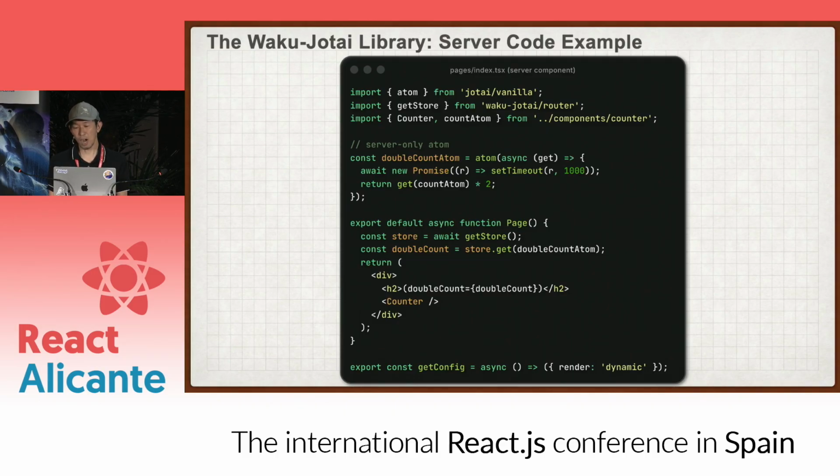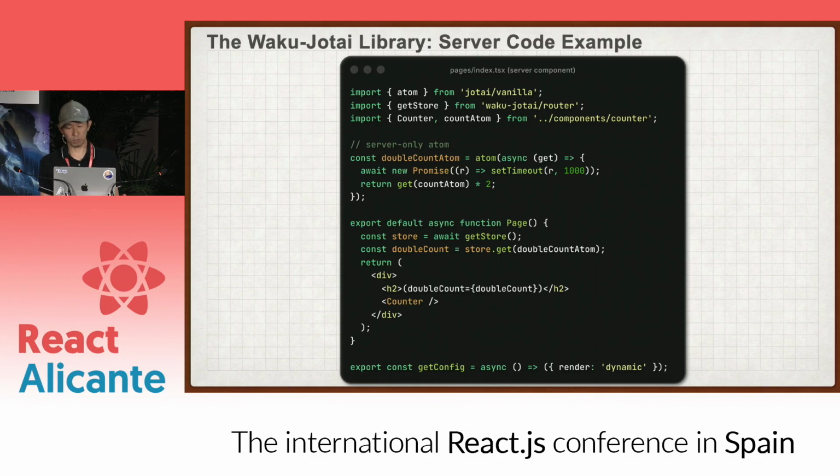It reads the count atom and multiplies it by 2. Count atom is a client atom, so we expect its value is synchronized with the client. It waits 1 second to simulate some server delay. But as this is just a demo, it doesn't include any real server logic. But I hope you get the idea.